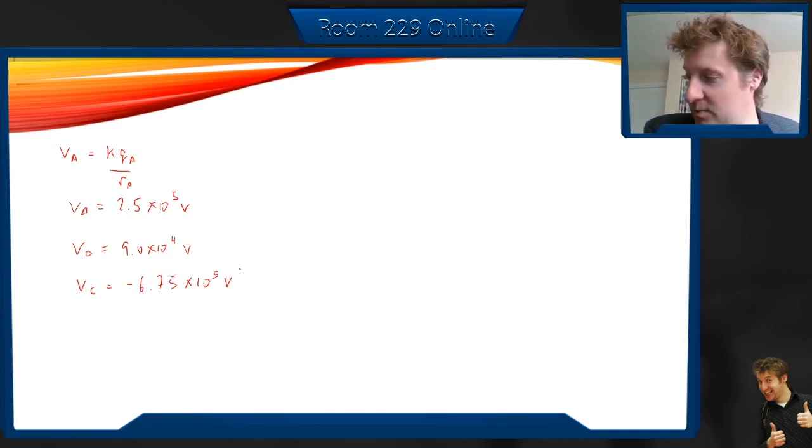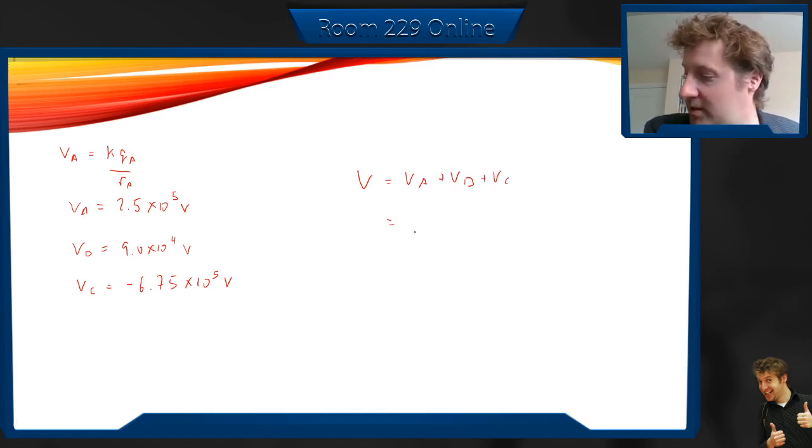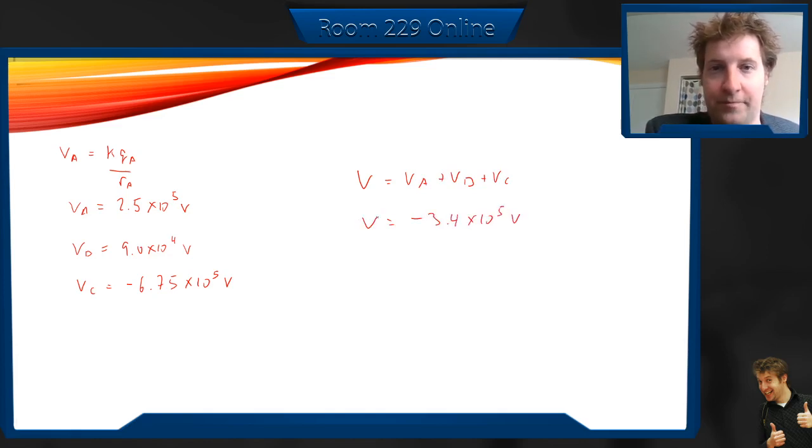Okay, and once I add all those up together, my total voltage is going to be VA plus VB plus VC. It's going to end up giving me a value of negative 3.4 times 10 to the 5 volts.